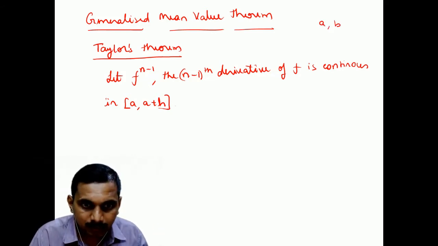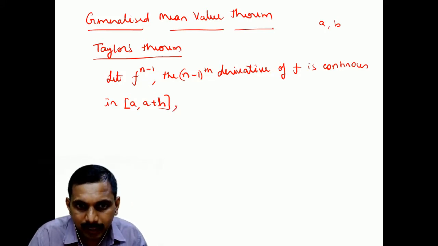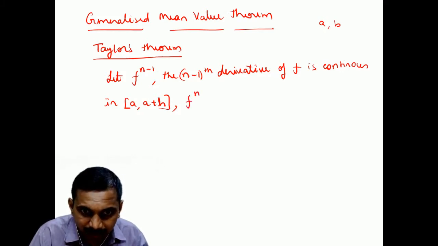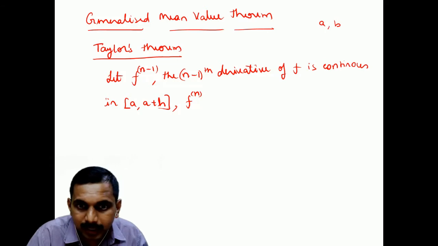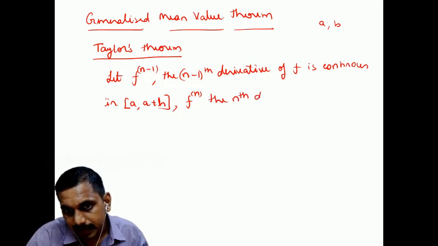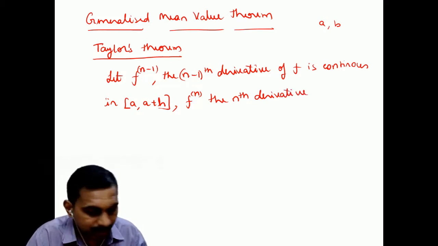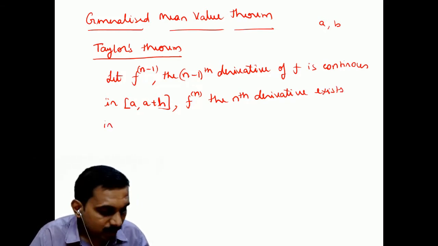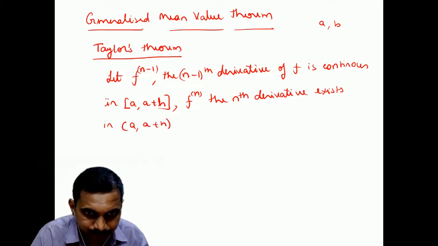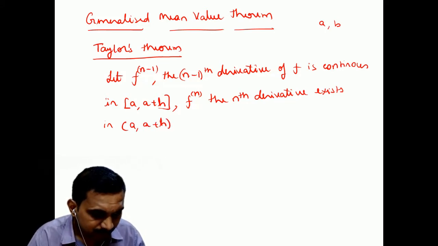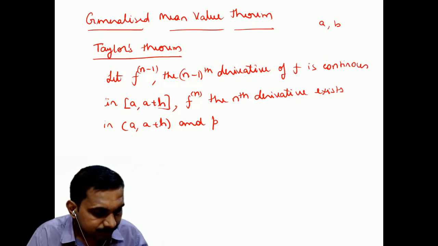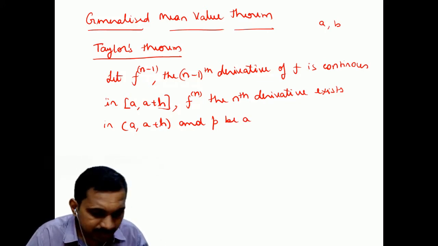Okay. Now, f n minus 1 is continuous in that particular interval, and the nth derivative, f n, exists in the open interval a comma a plus h, and let p, small p, be a given positive integer.